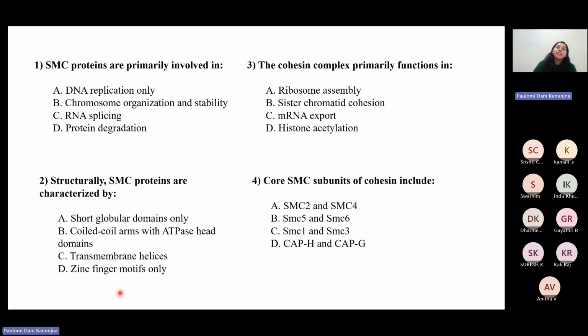First one is: SMC proteins are primarily involved in which? This is a basic question. Next, structurally SMC protein can be characterized by which of these structures, right? The cohesin complex is primarily functioning for what? And when you say the core SMC protein of cohesin, these are the kind of questions that you will get anyway. Core proteins of cohesin, core proteins of condensin, SMC 5 and 6.